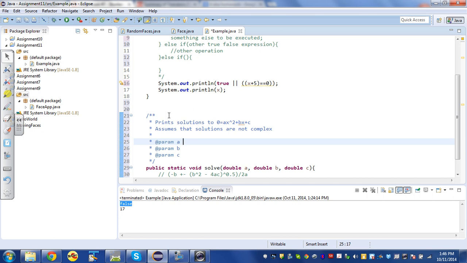And then for parameter a, I would say coefficient of the x squared term.